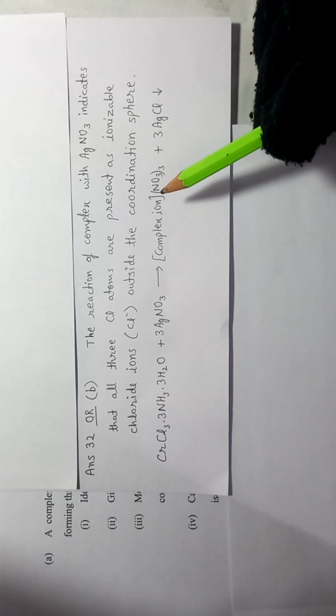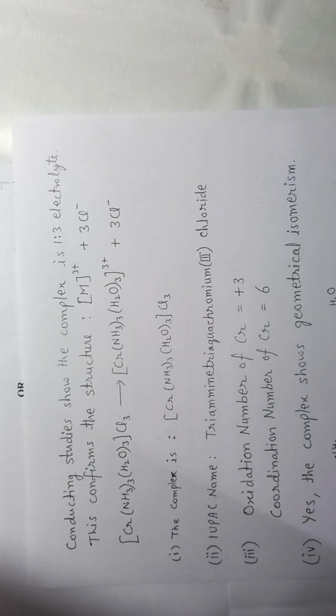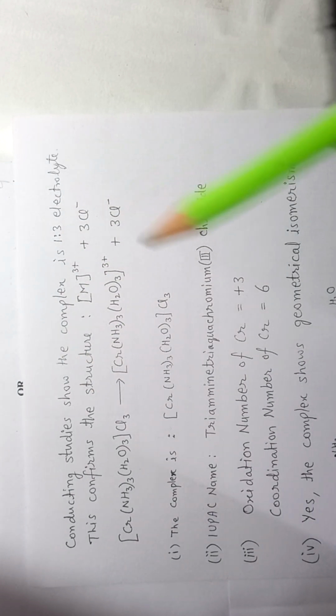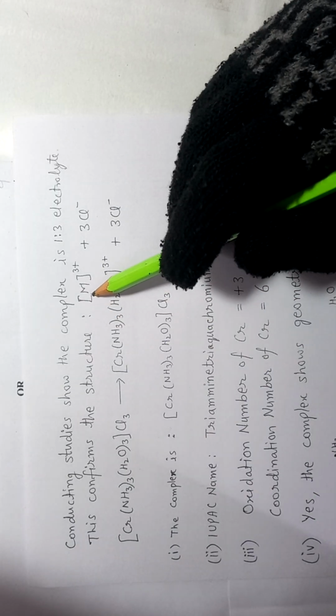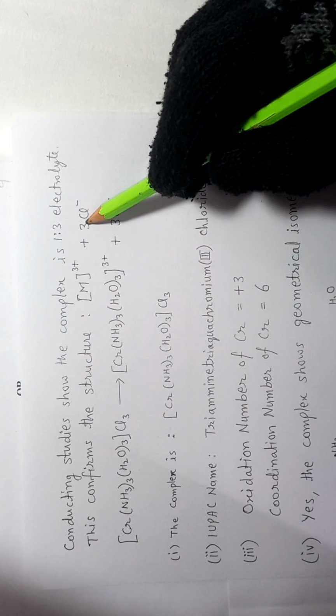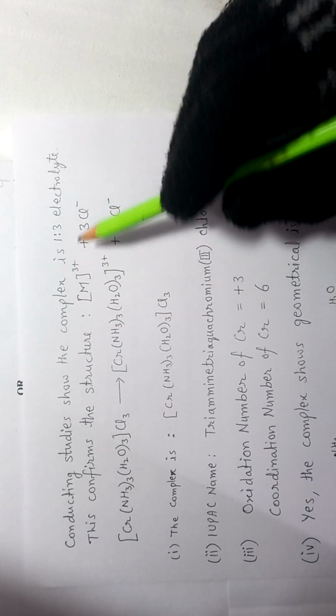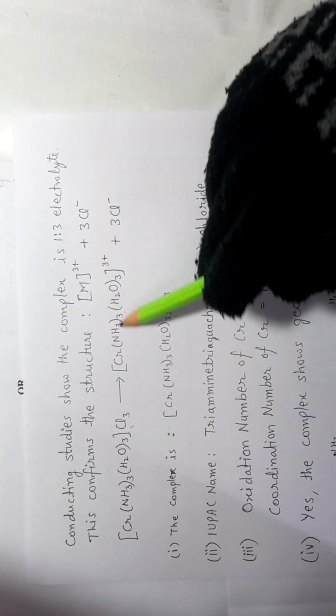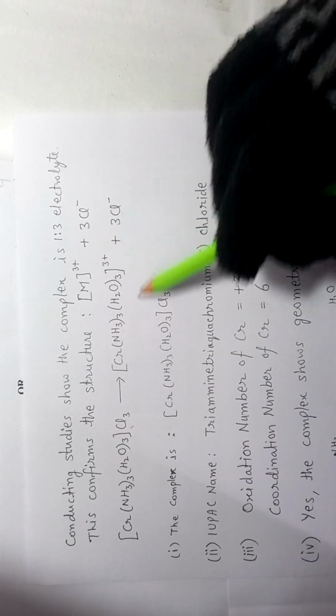Next, conductivity studies show the complex is a 1:3 electrolyte. Therefore, it confirms the structure with a 3+ complex ion, because 3 chloride ions are here. So it is a 3+ ion and this is 3 chloride minus. So this is the structure of the complex, and in total 4 ions are there.